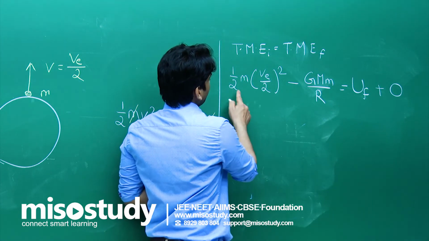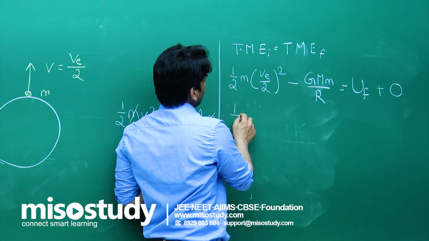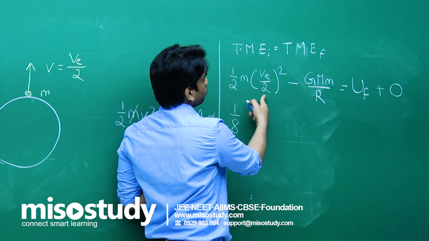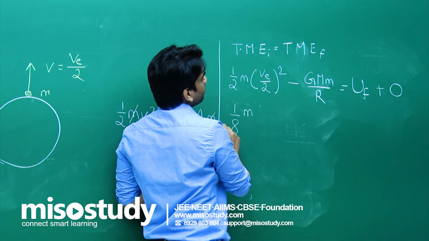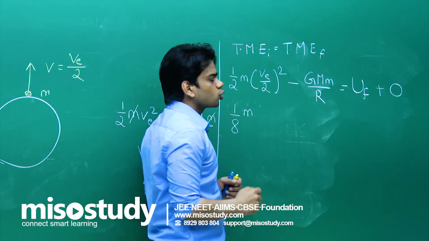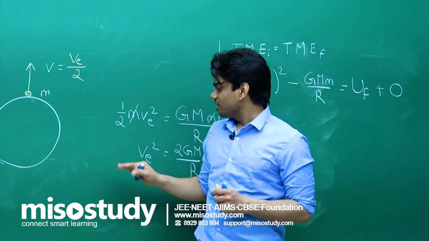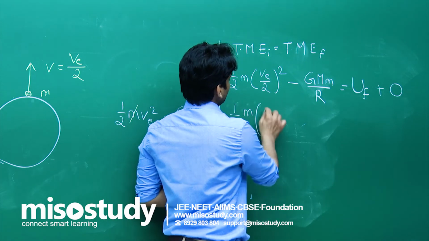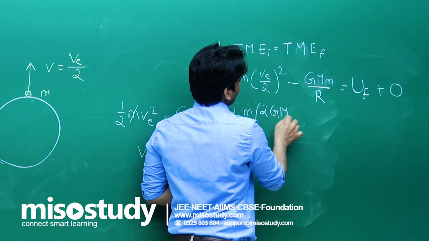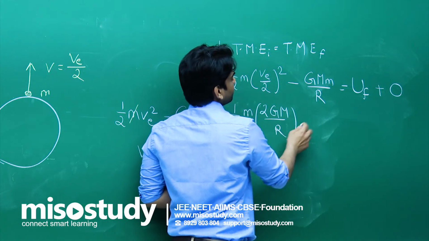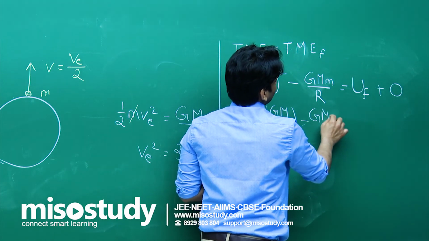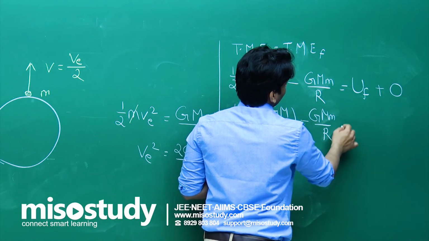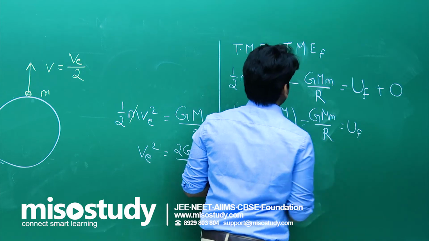So here you see 1 by 2 and this 2 squared will become 1 by 8, 1 by 2 into 2 into 4, 8, into m and v_e squared. You can easily see that v_e squared is equal to 2GM by R. So let me put that, 2GM by R, minus GMm by R is equal to the final potential energy.